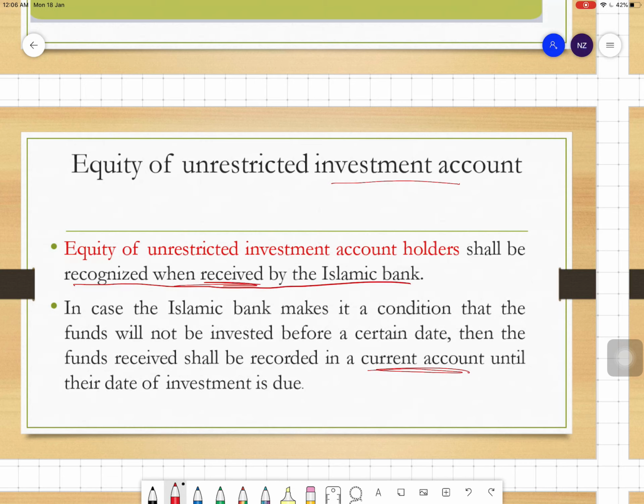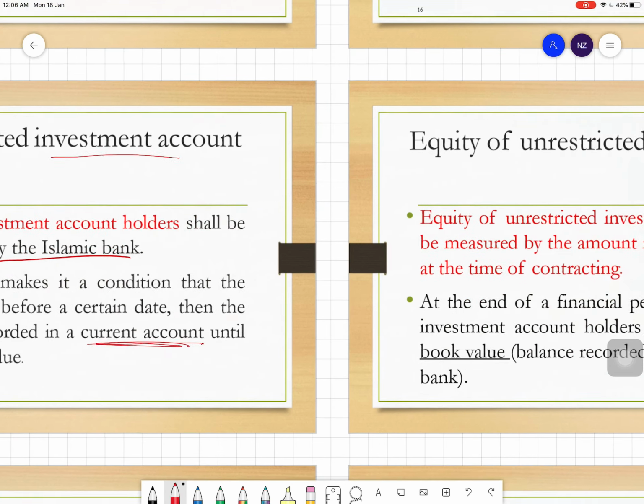So that fund, that money the customer has put in the account, will be recorded in the current account until the investment date arrives. Only then will it use the money in the current account for the investment project. That is the meaning of it.